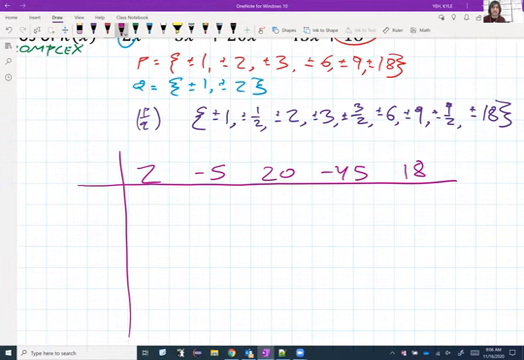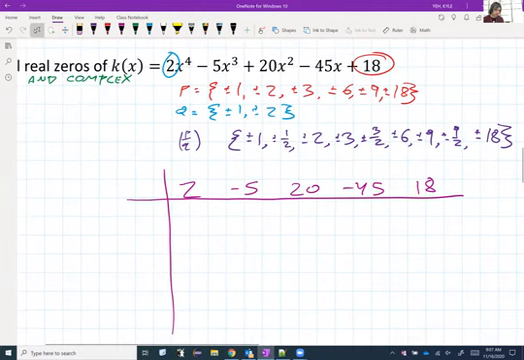We saw in the last video, in the 6.7/6.8 video, if we plug it in with synthetic substitution, and if we get 0 as the remainder, it is a factor. So we're just going to plug these in until we find one that gets 0 in that last column. Then we know it's a factor, we divide it out, and we can use our other strategies, hopefully, on our new polynomial.